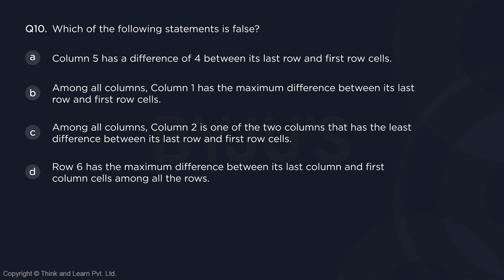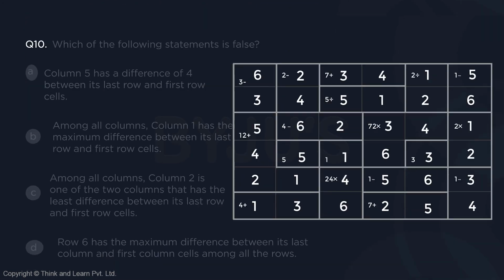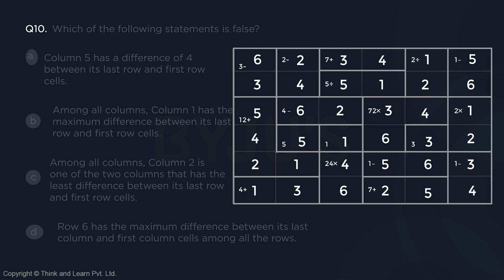Which of the following statements is false? Okay, let's check directly. Column 5 has a difference of 4 between the last row and the first row cell. True? Second statement.